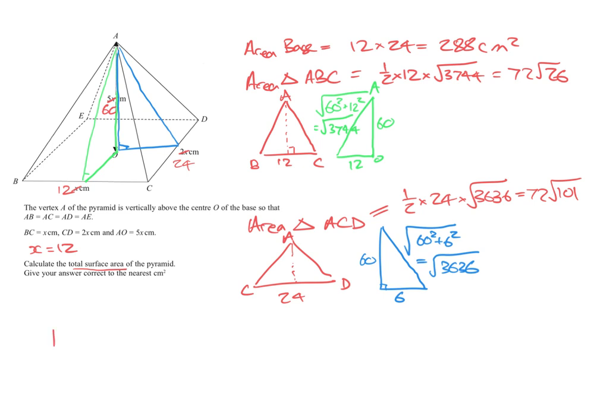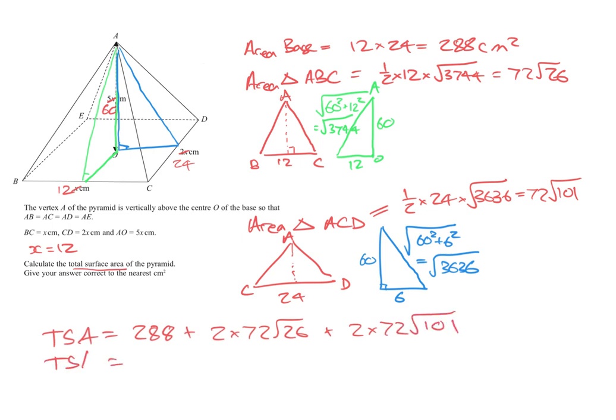So my total surface area will be the area of the base, which is 288, plus 2 lots of side ABC. So it's 2 times 72 root 26, plus 2 lots of ACD, 2 times 72 root 101.